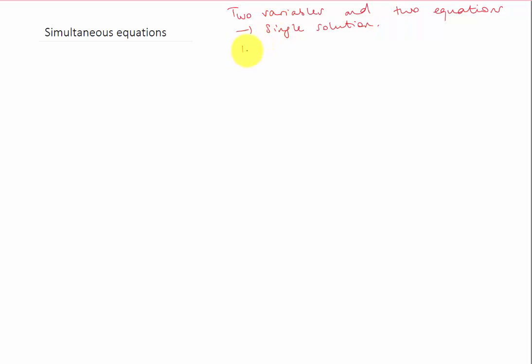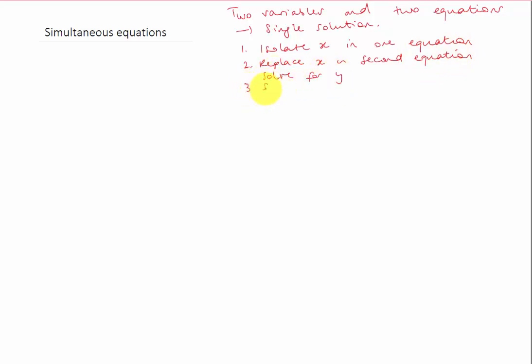And so first of all, we have to isolate x in one equation. Then you replace that x value in the second equation and solve for y.